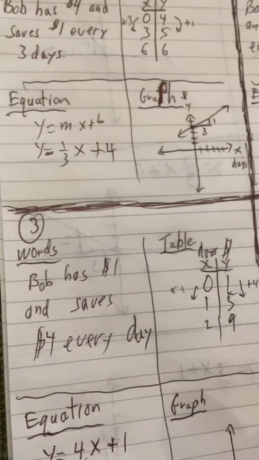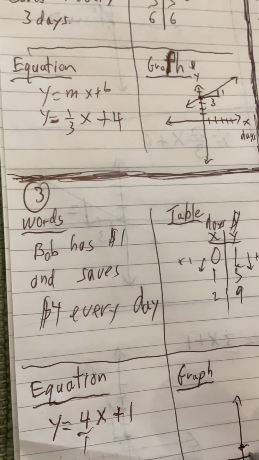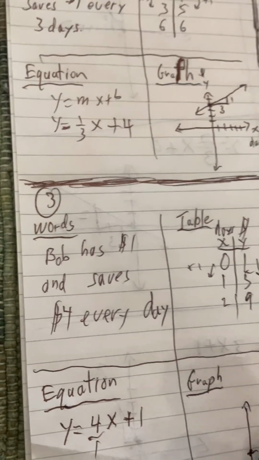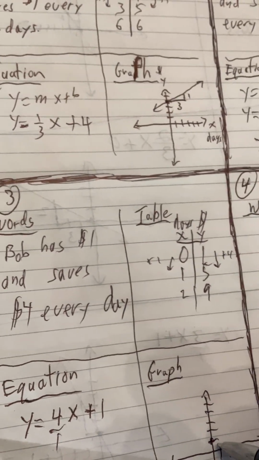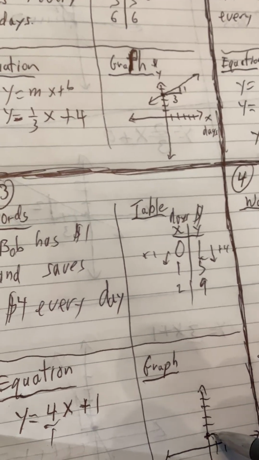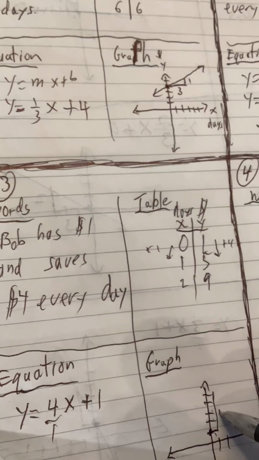So he has $1 and 1, 2, 3, 4. So he goes over 1 and up 1, 2, 3, 4.